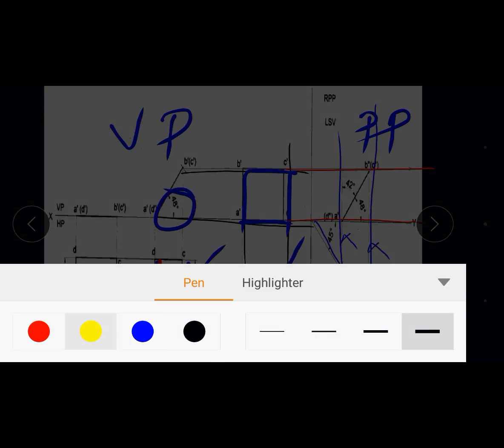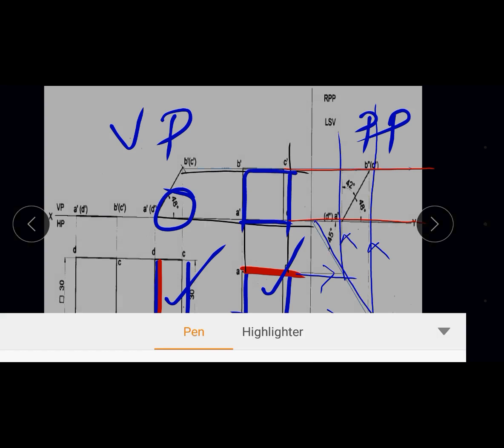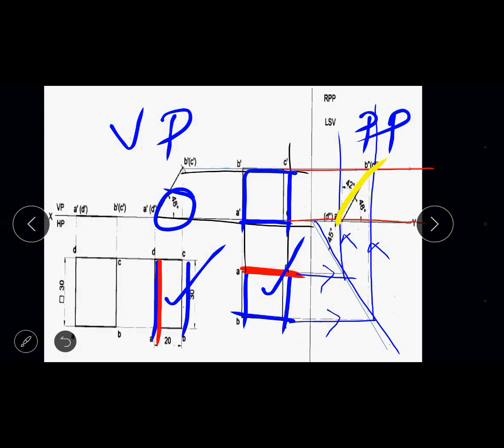So at the point of intersection you will get this line. Can you observe this line? It is at the point of intersection of the locus line from the top view and the locus line from the front view. The left hand point of intersection indicates the longer edge AD, and on the right side it indicates the other longer edge BC. So in between these two edges you will get this inclined line.